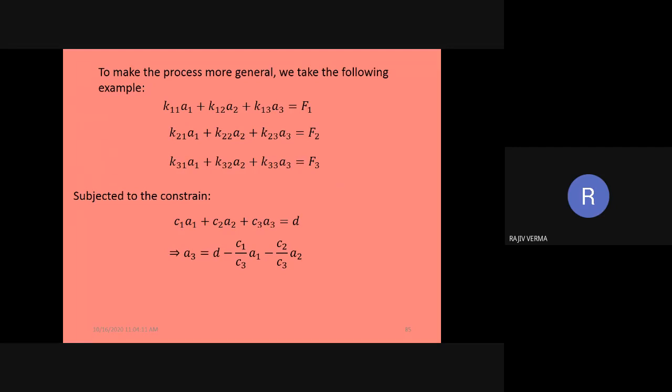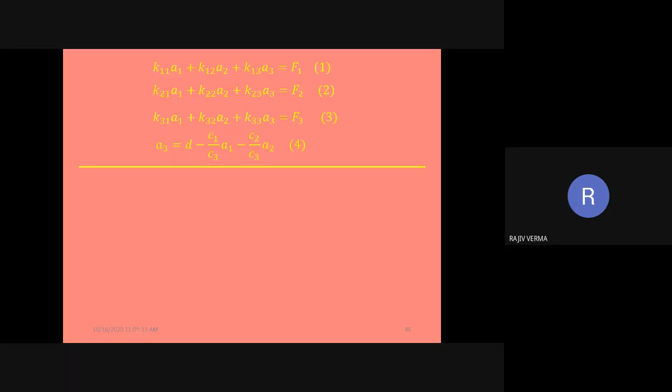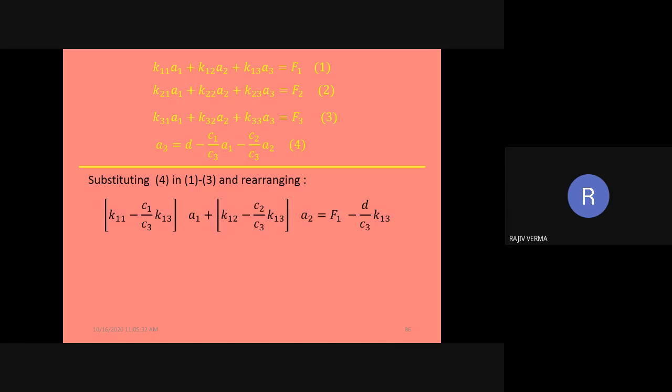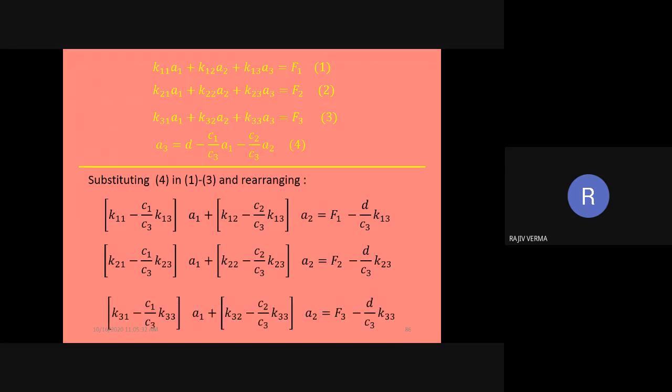So once this has been done, the next steps are going to be evident in the next slide. These are the fourth equations. Substituting equation number 4 in 1, 2 and the third equation and rearranging them gives this equation and these 3 equations.